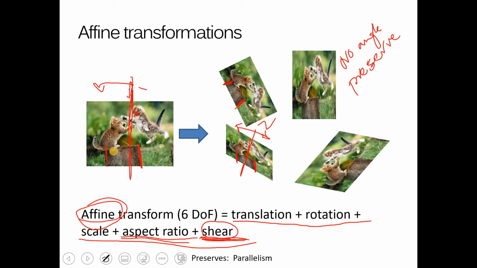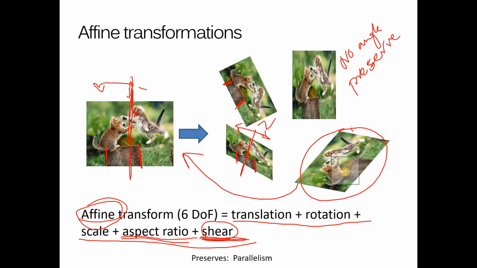For example, let's say you have an image like this one. Someone gives you this image and you want to make it correct. For this purpose, you will mark down these points: the eye of the cat, the leg of this cat, and then one point over here.